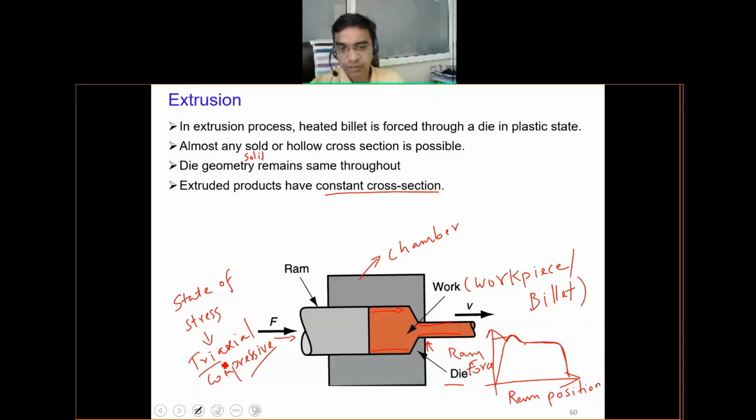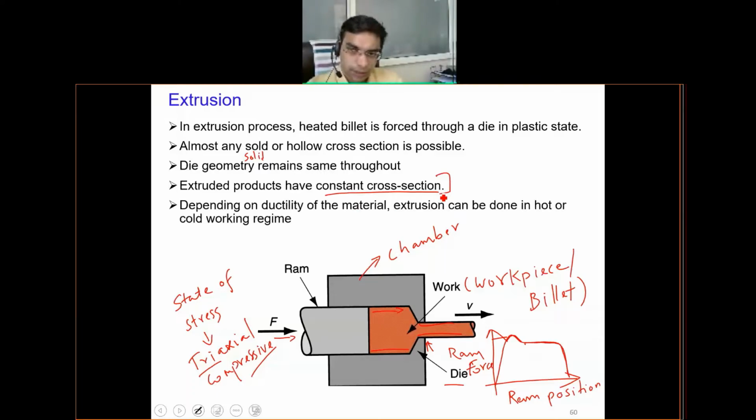In case of extrusion, it is triaxial, means the stresses are being induced from all three directions. So the reduction in the shape or reduction in the volume is very high. The unique characteristic of all these extruded products is that they have a constant cross-section area.